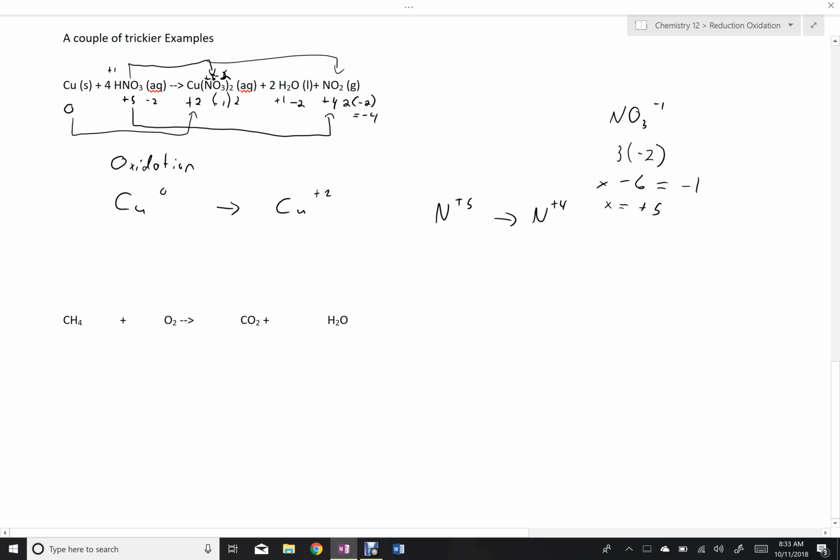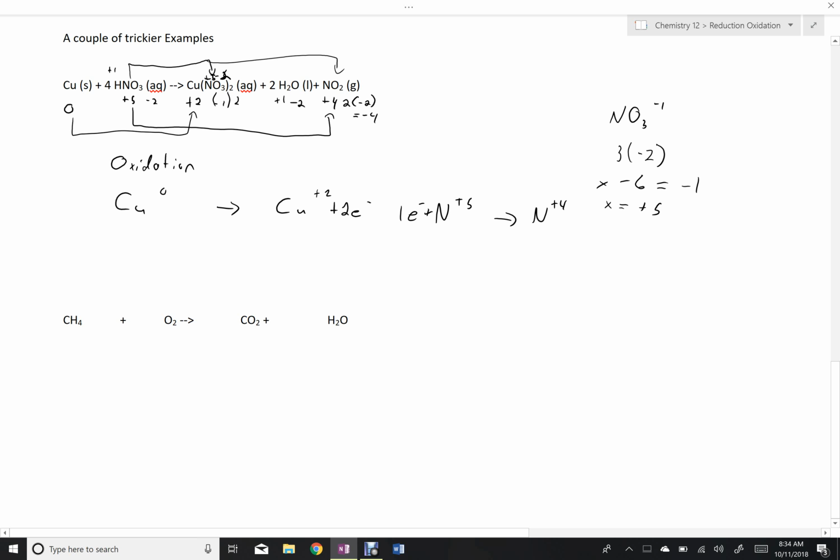To go from 0 to +2, you're going to release 2 electrons. And to go from +5 to +4, you're going to have to eat an electron. You can look at that again from the electrostatic standpoint of this is neutralizing some positive charge, so we add an electron to do that. Or you can look at the total charge and say +4, so this is going to be -1 +5.